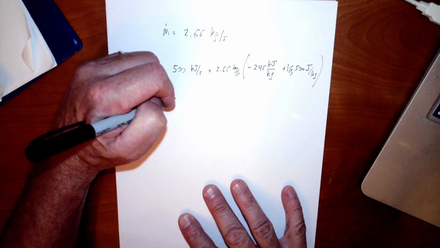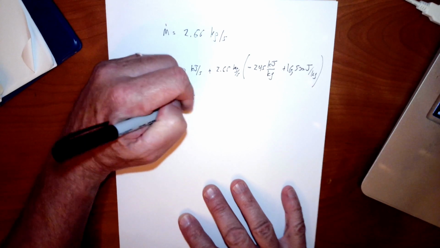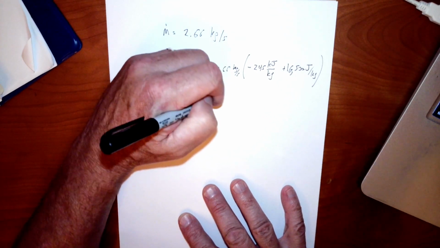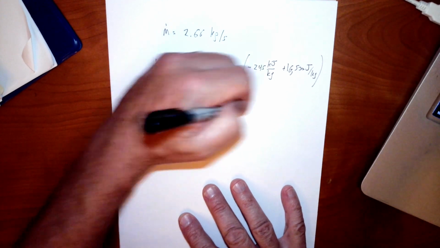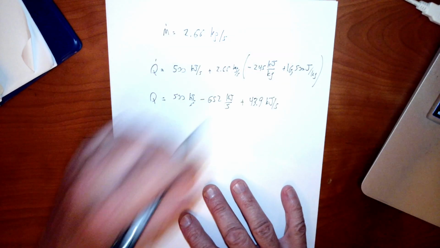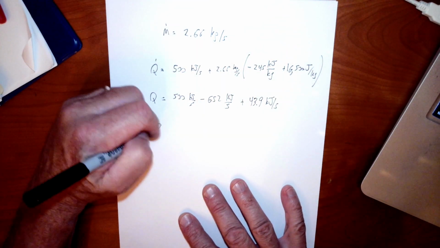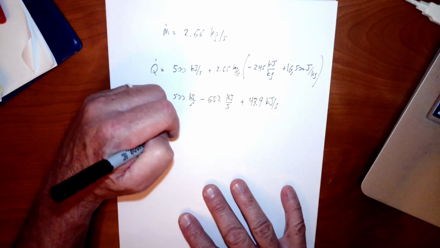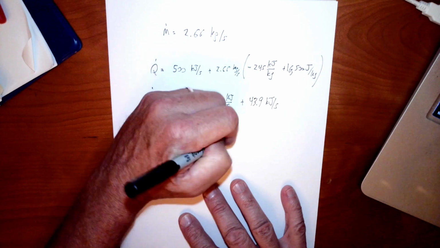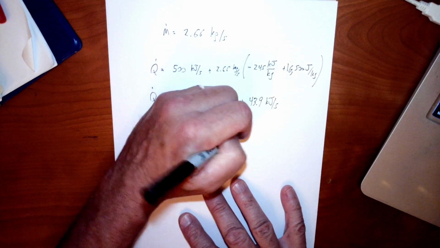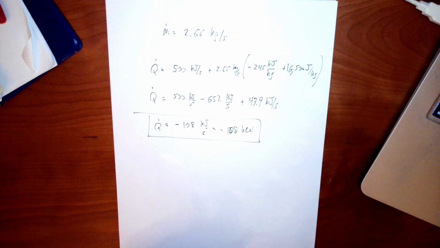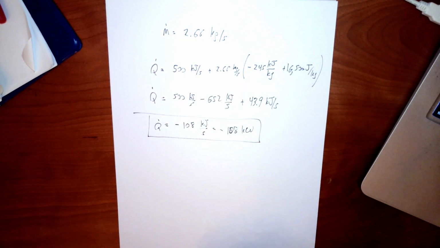I get Q dot equals 500 kilojoules per second minus 652 kilojoules per second and plus 43.9 kilojoules per second. Add all those up and I get Q dot is equal to negative 108 kilojoules per second, or negative 108 kilowatts. So this system is dumping heat out as it progresses.